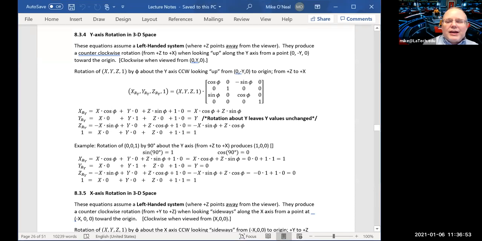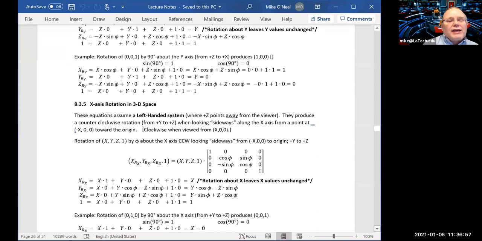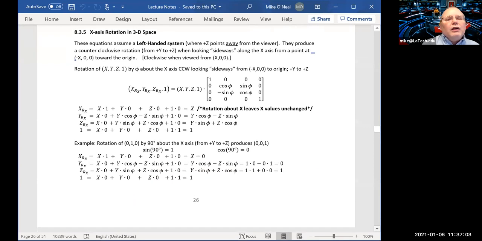How about x-axis rotation? Well, now we're going to rotate around the x-axis, which means we're rotating right in the zy plane. Again, we're still using our same left-handed system. Z still points away from where the user will be in the end.